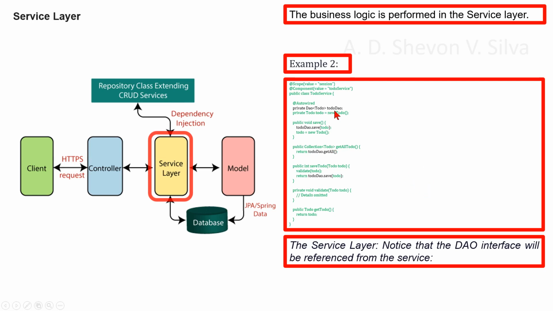The DAO layer's main goal is to handle the details of the persistence mechanism, while the service layer stands on top of it to handle business requirements. Notice that the DAO interface will be referenced from the service.